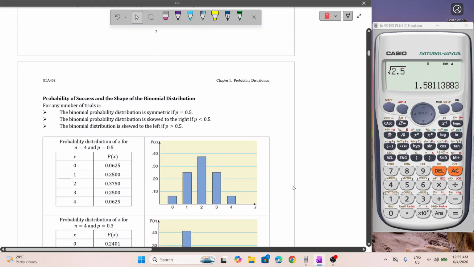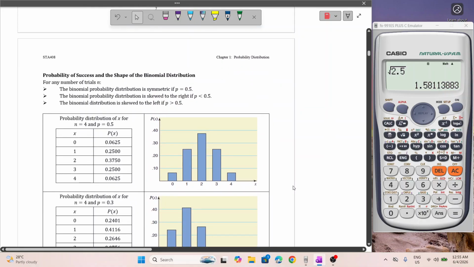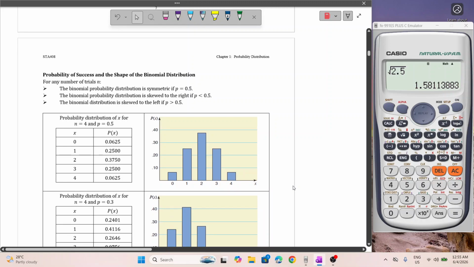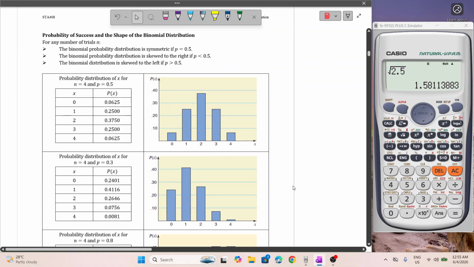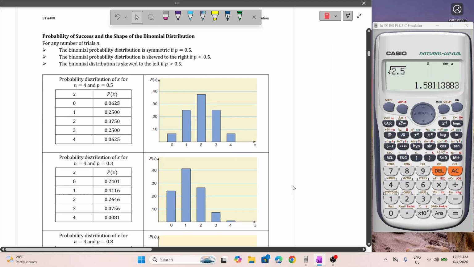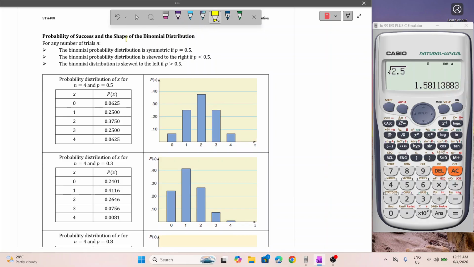All right, class. Now we want to look at the shape of the distribution: probability of success and the shape of the binomial distribution. For any number of trials n, let's first recap the four characteristics or requirements for a binomial distribution.